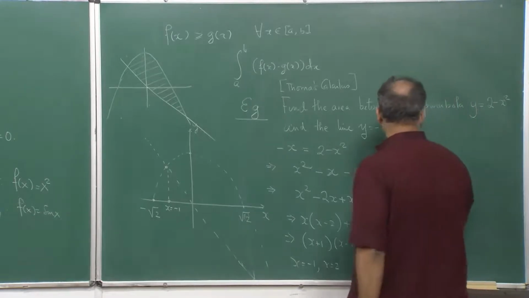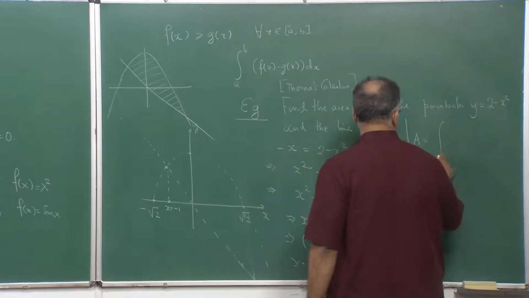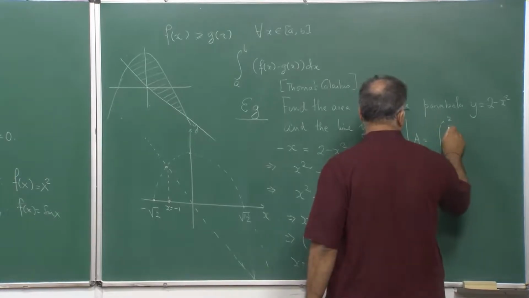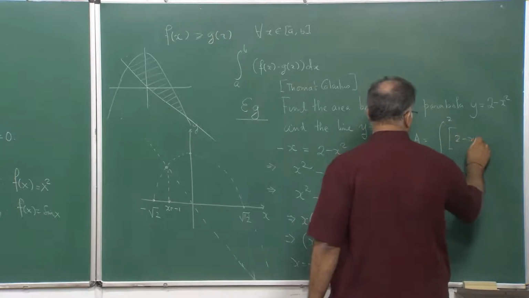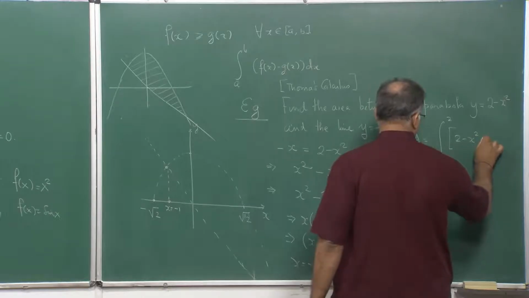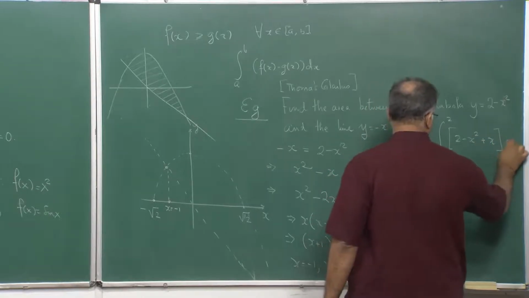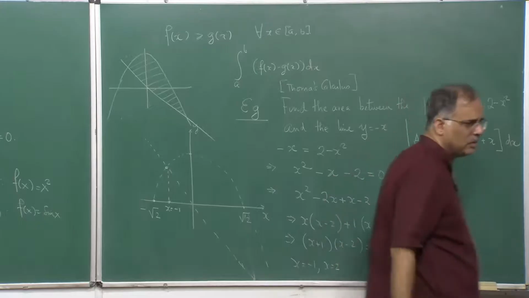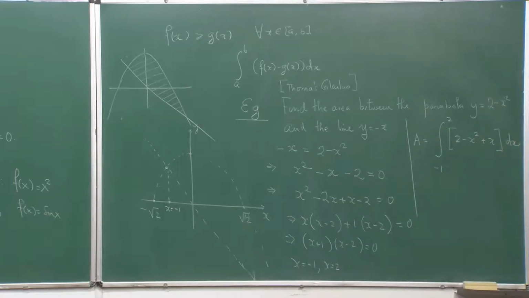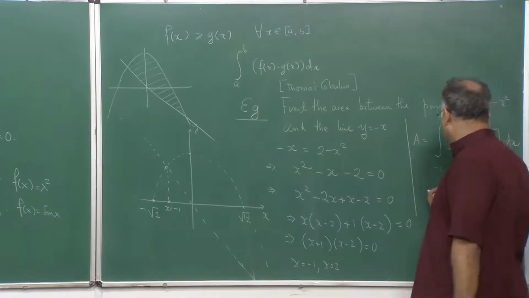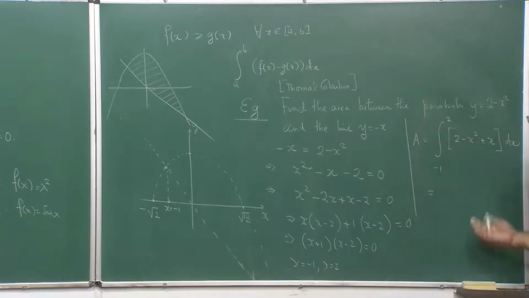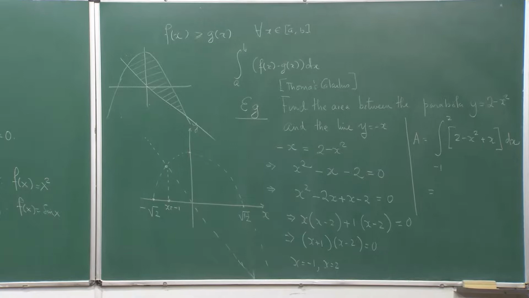So, the area A is integral from minus 1 to 2 of 2 minus x square plus x dx. So, that is the range. Now if you integrate out, I am not going to integrate out, I will rather ask you to check the answer, it is 9 by 2.